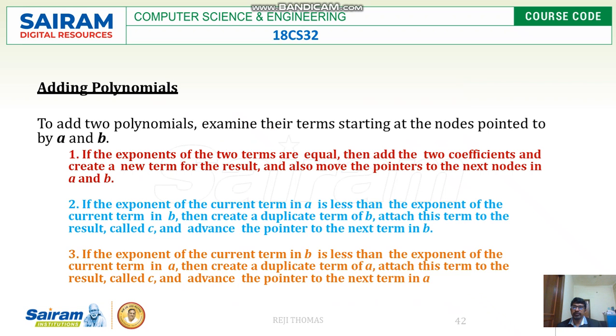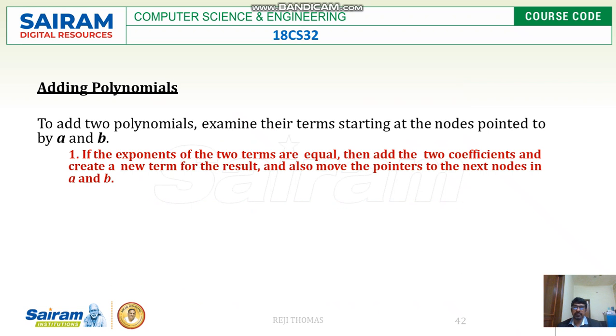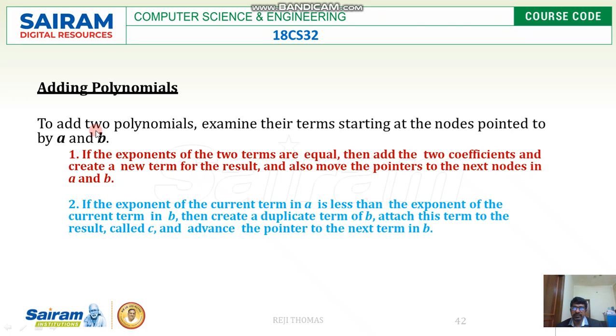To add two polynomials, we have seen there will be three different cases. If the exponents of the two terms are equal, add the coefficients and create a new term. We have seen this in the previous case. Second, if the exponent of the current term in A is less than the exponent of the current term in B, create a duplicate of the term of B and attach it to the resultant.